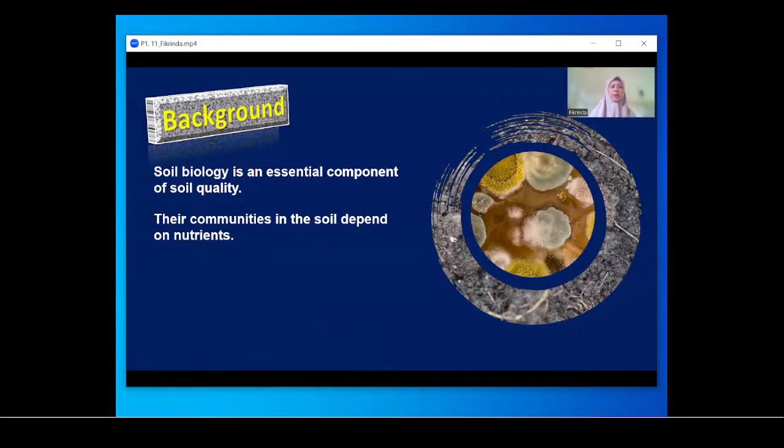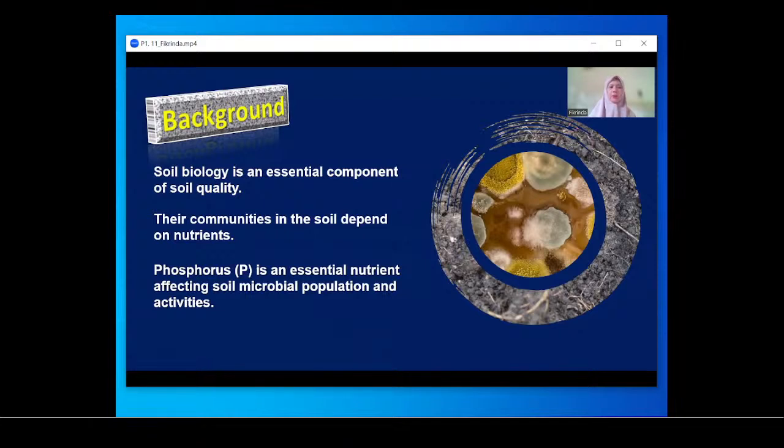The communities in the soil depend on nutrients. Phosphorus is an essential nutrient affecting soil microbial population and activities.